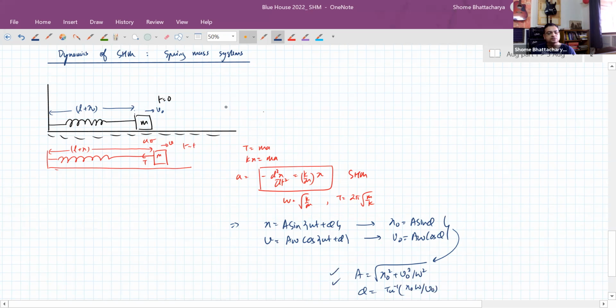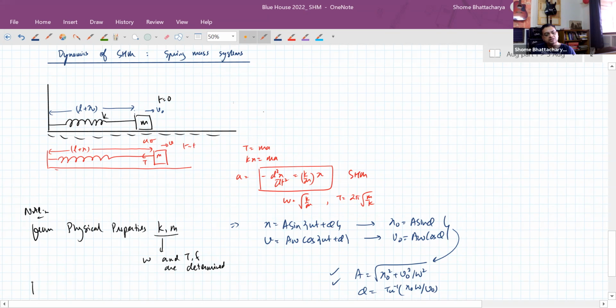Okay. So as long as we know the value of the spring constant and the mass of the block, so from the physical properties, that is k and m, we get omega. Time period and frequency are determined.